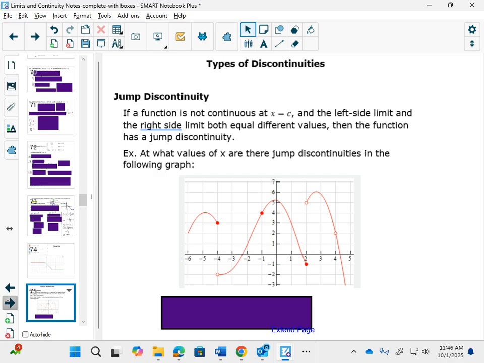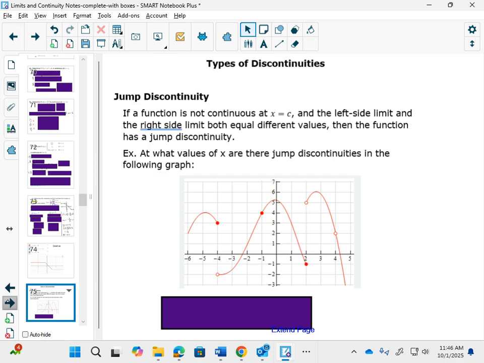If you were walking along this graph, and at -4, you had to go from this point way down to here, you'd have to jump. So we call this a jump discontinuity, where you can't just go from one side to the other really nicely. There's no quick fix for this. You can't make a straight line in between because then it doesn't stay a function anymore.